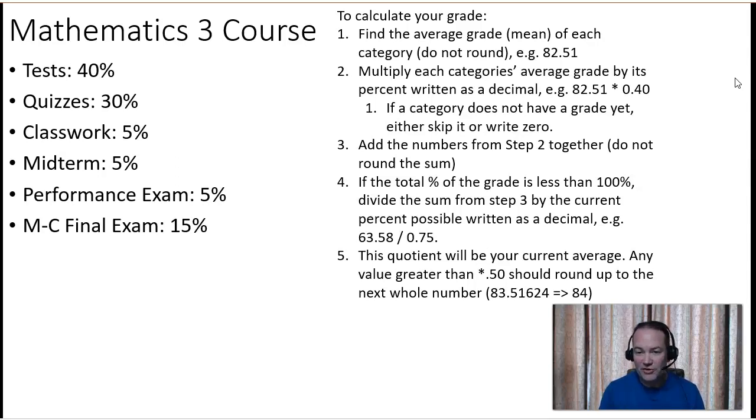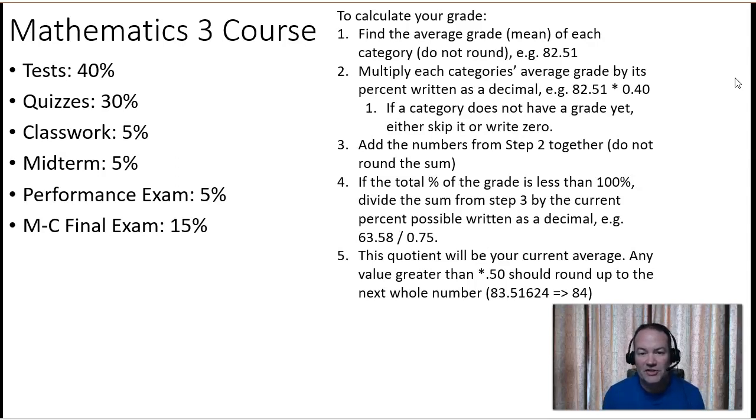If the total percentage of the grade possible is less than 100%, you're going to have to divide the sum that you just got by the current percent possible written as a decimal. Okay, so let's say, for example, you have test grades, quiz grades, and classwork grades, but you don't have anything from midterm or performance exam or multiple choice final.